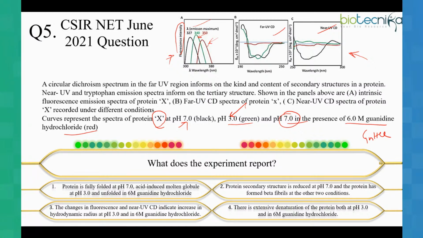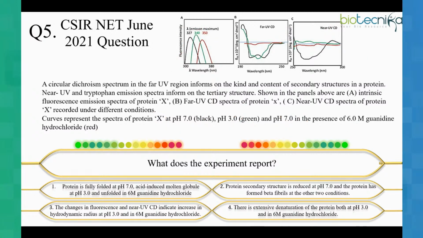because pH changes the hydrogen ion concentration, and hydrogen ion concentration can change the charges on the protein, and also the polarity on the proteins. Hence the curves that represent the spectra: one is normal, another one is denatured, another one is also denatured because of the chaotropic agent.